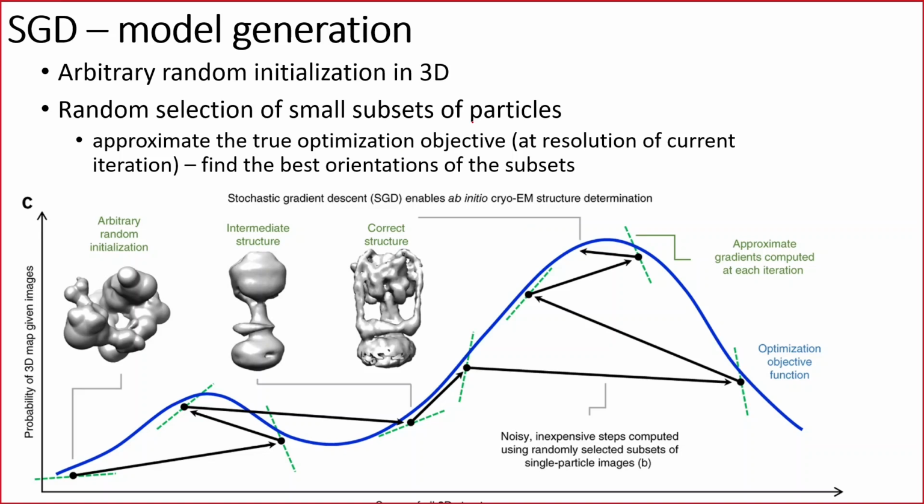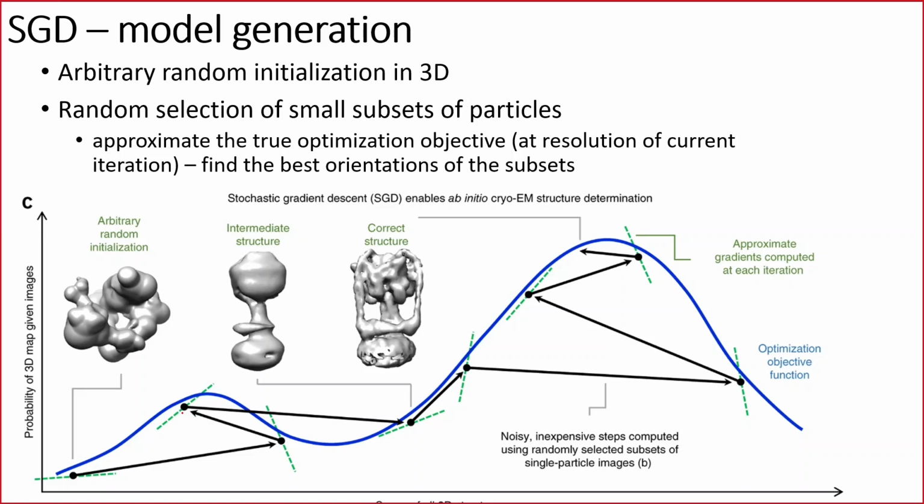We are taking 200 particles, trying to find the most correct orientations of these 200 particles against this blob, and then making a reconstruction, taking another 200 particles, different random 200 particles, aligning them and moving like this. And in the end, we are driven by some gradient of the correctness of the structure.